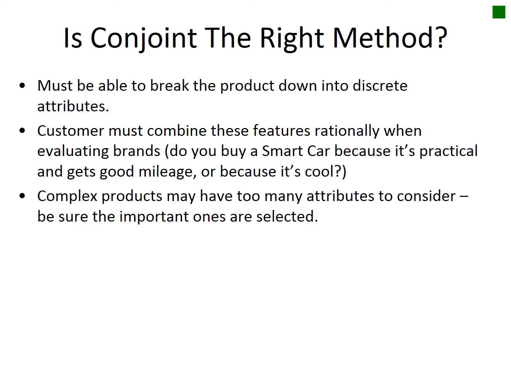And it has to be something that is easily definable by the customer. Complex products that have way too many attributes might be difficult to do unless you can specify and make a distinction between the actual attributes that are there.